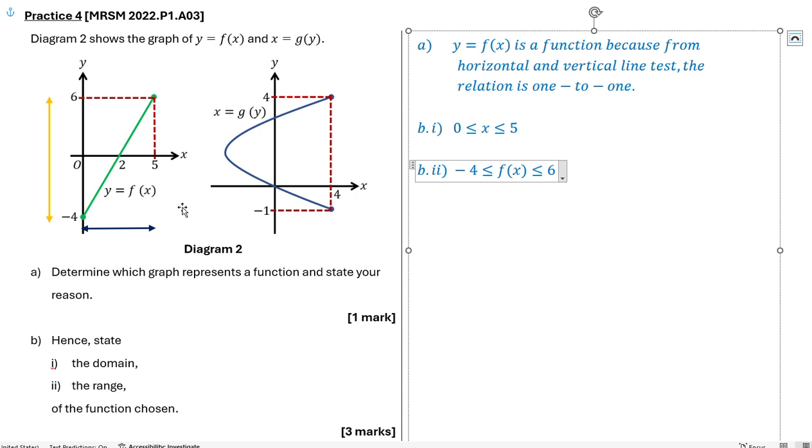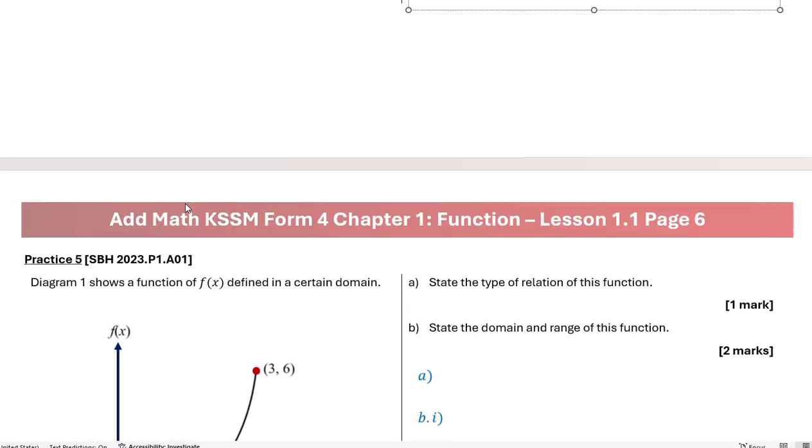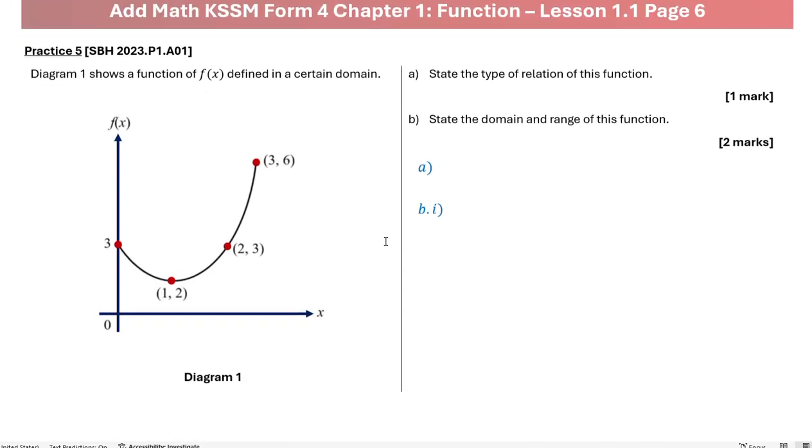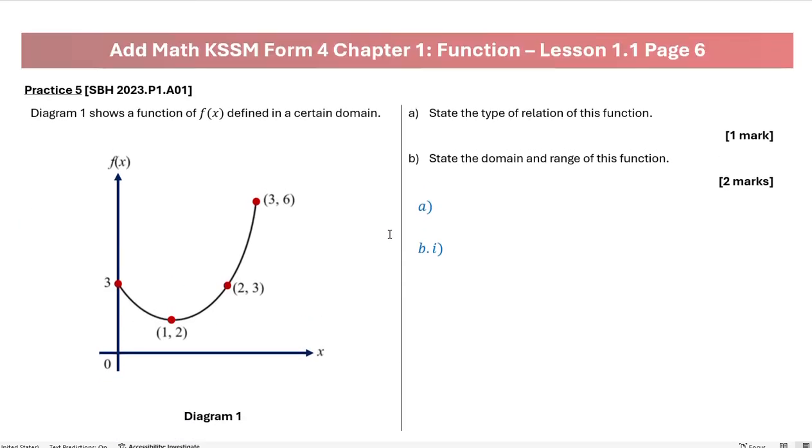Now go to page 6. Another KSSM question from Sabah, the year 2023. Type of relation. When we conduct the vertical line test, we did not discover that the relation is one to many, only one to one.